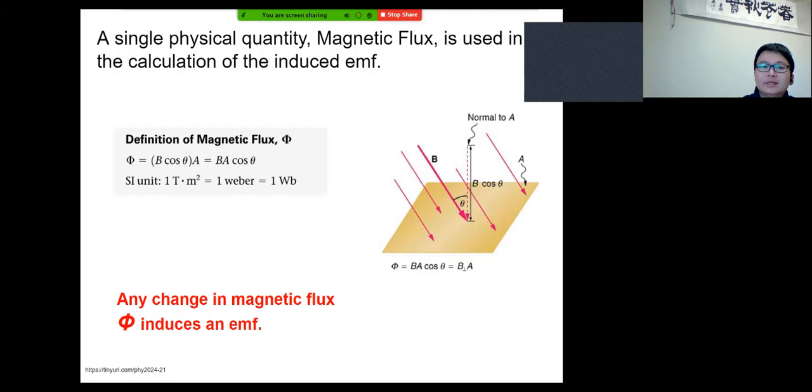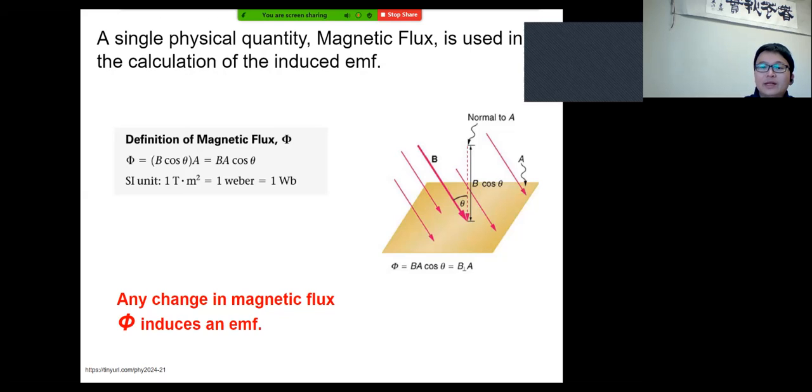Okay, so this is similar to the definition of electric flux. This flux is equal to B times A times cosine theta, where B is the magnetic field and A is the area. So if you have a circular coil, then that refers to the circular area of the circle.